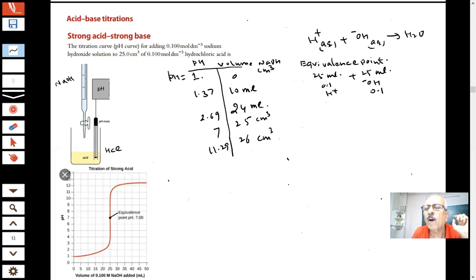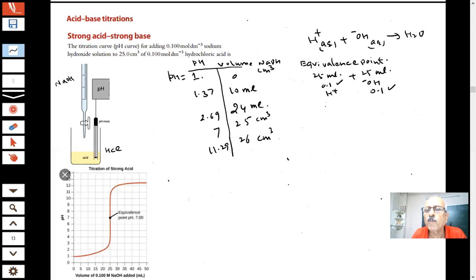So you have equal of this. Both are 0.1, 0.1. Volume 25, 25. So H plus is completely finished at this point. No more H plus in the flask. Do you have any H plus here now? Tell me, do you have any H plus? It is consumed.